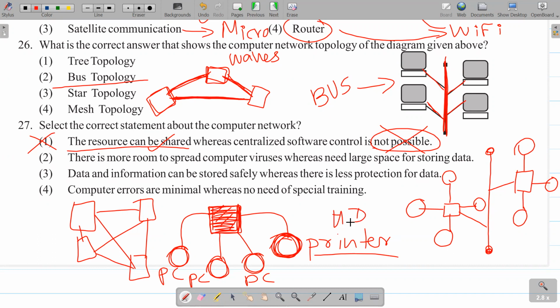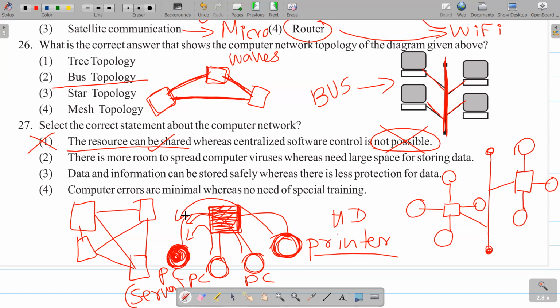So if you establish something called a server, this is a server. This computer can contain all the software, and these people will be able to access that computer and use that software from here. So it is being centralized, right? So it is possible.